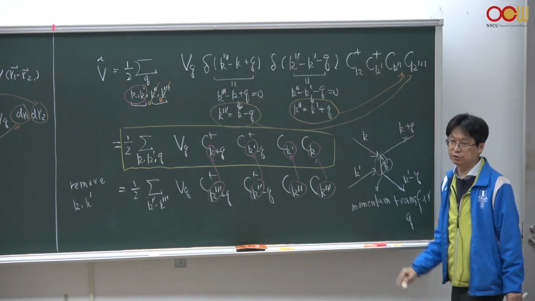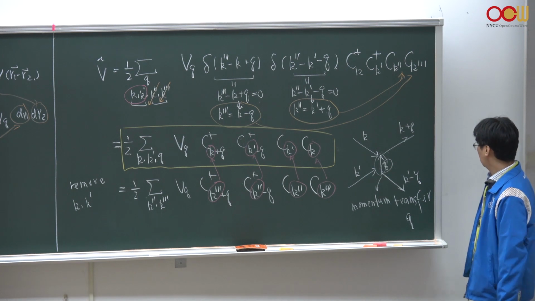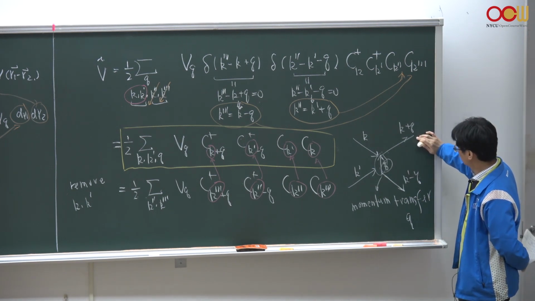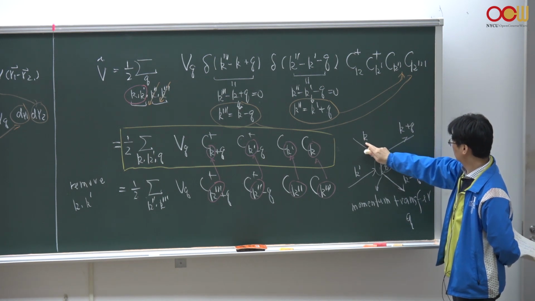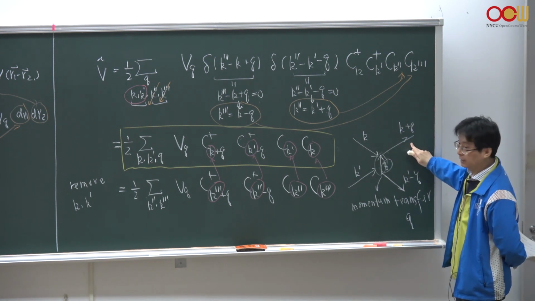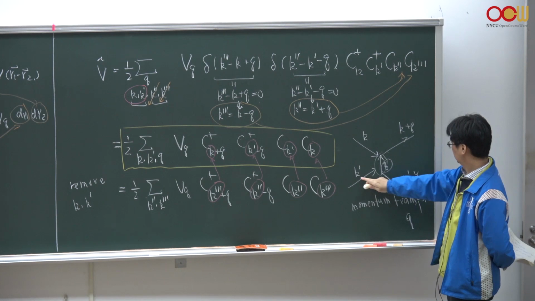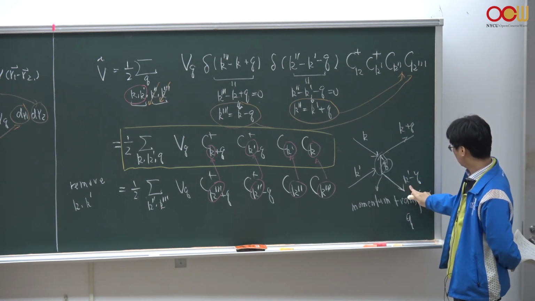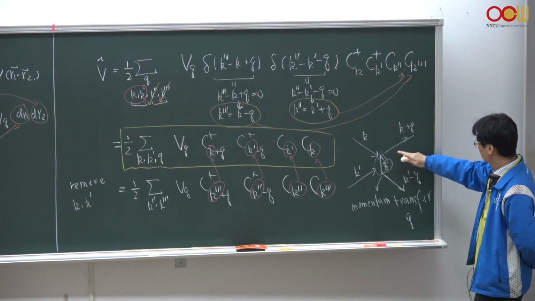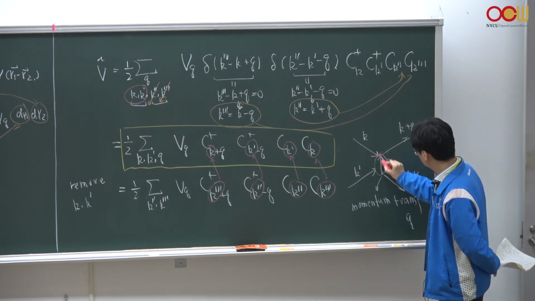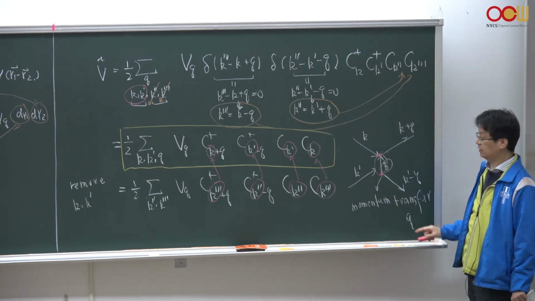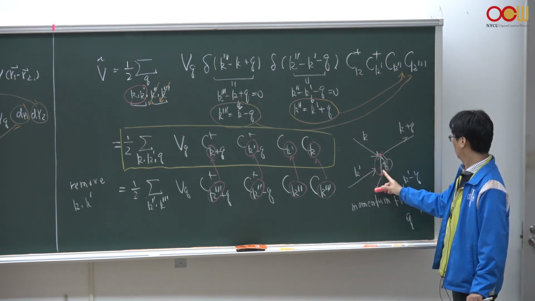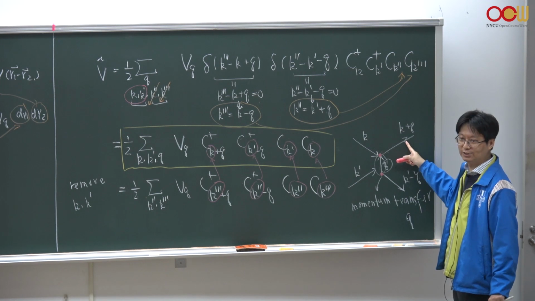in between these two electron states, and so that the scattered state corresponding to this initial state k becomes k plus q, and for this k prime initial state, now the scattered state becomes k prime minus q, because the momentum should be conserved either here or there, so that k plus q is actually k plus q.